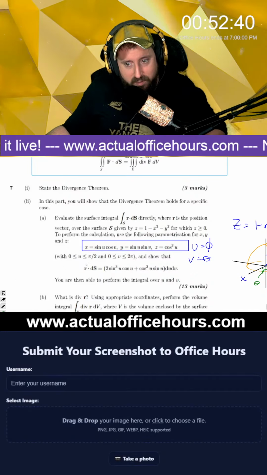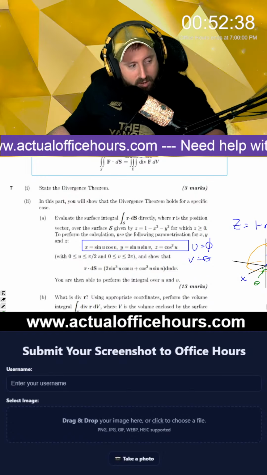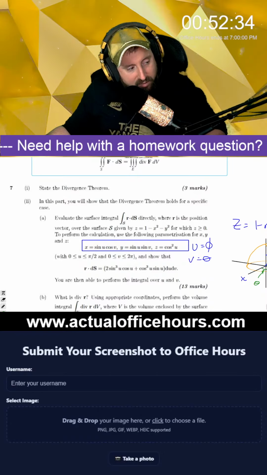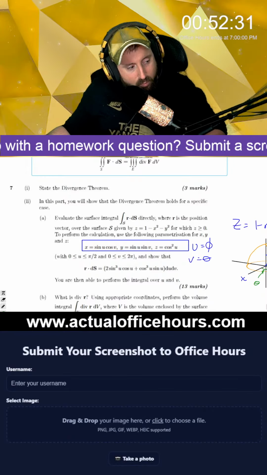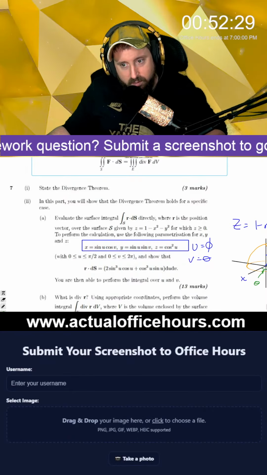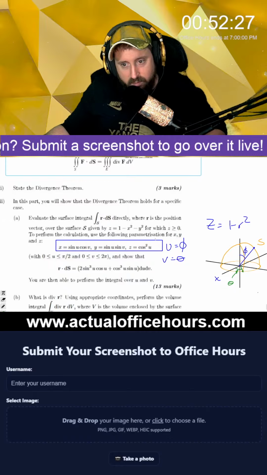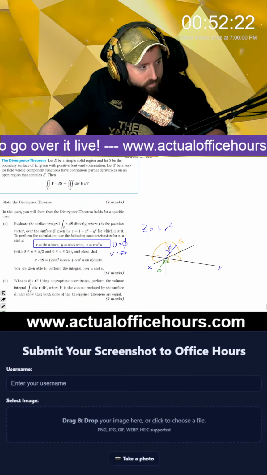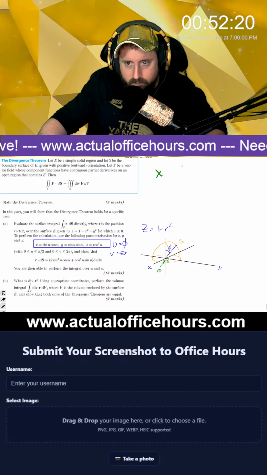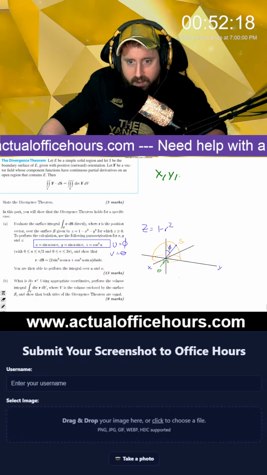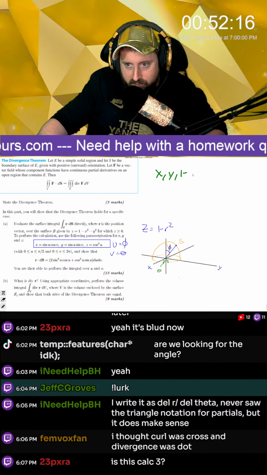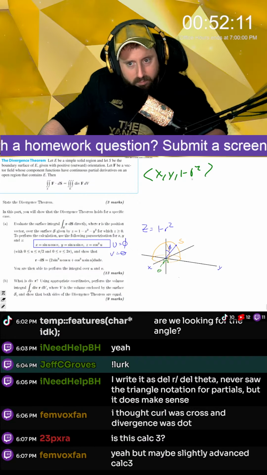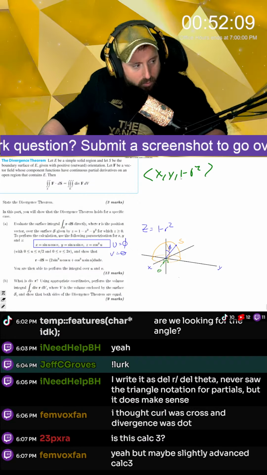Where x is allowed to be this, y is allowed to be this, and then z is 1 minus sine squared, which is equal to cosine squared. So look what happens here. So you have x, y, and then this is like 1 minus r squared, for the z coordinates.